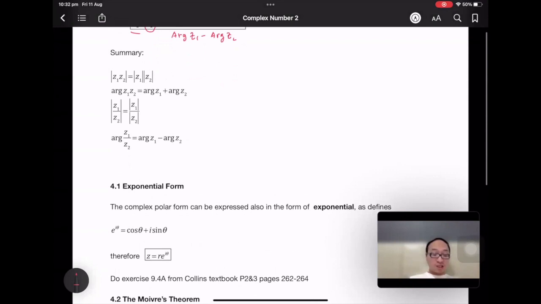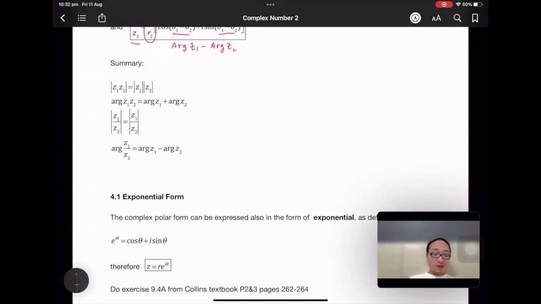So in summary, if we want to find the modulus of z1 times z2, that's the same as finding the modulus of each individual complex number and then multiplying them. And the argument of the multiplication of two complex numbers equals the argument of z1 plus the argument of z2.